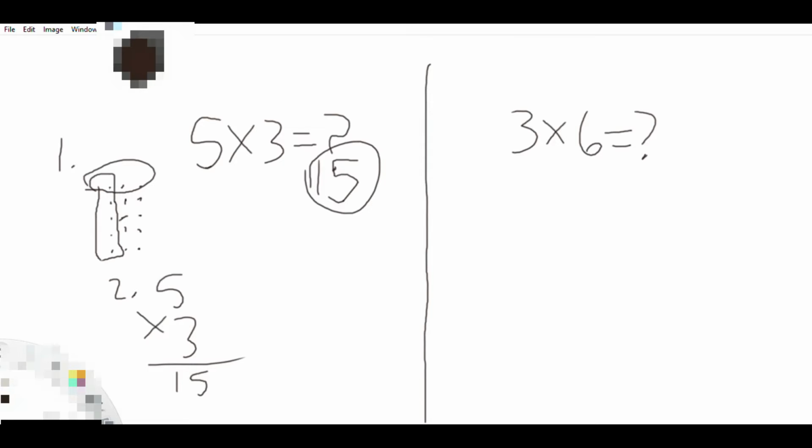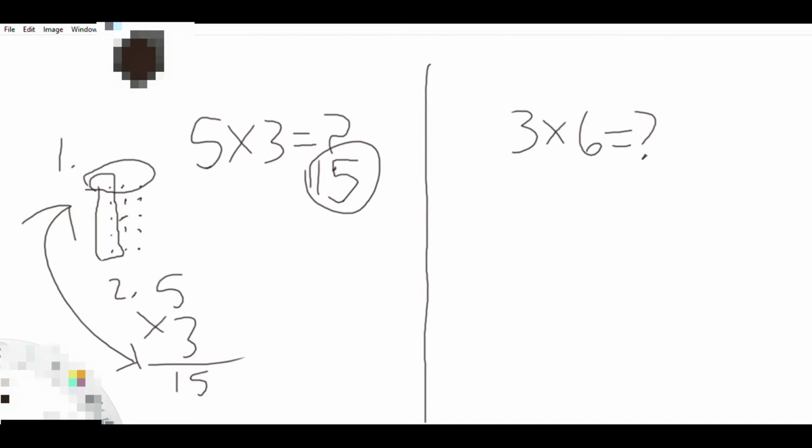At first you won't really know why 5 times 3 is 15 using the standard algorithm. Then you could do the standard algorithm and the array I showed at first together, and then you could prove that 5 times 3 is 15.